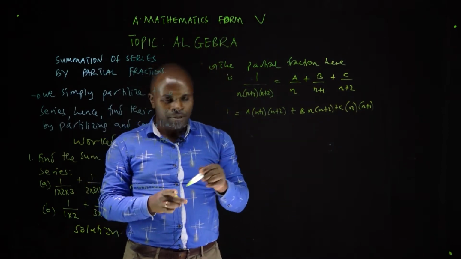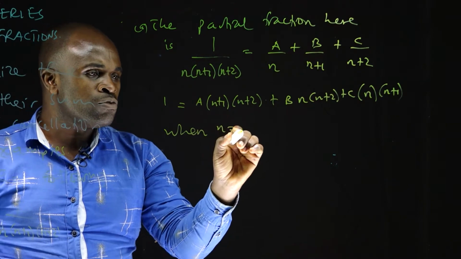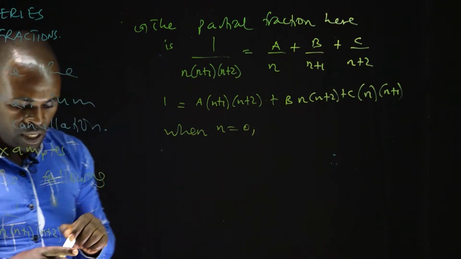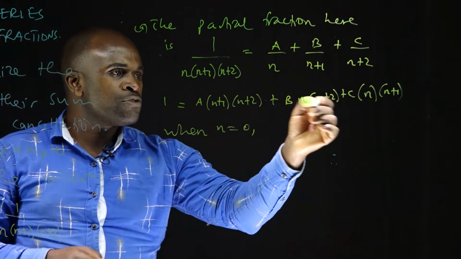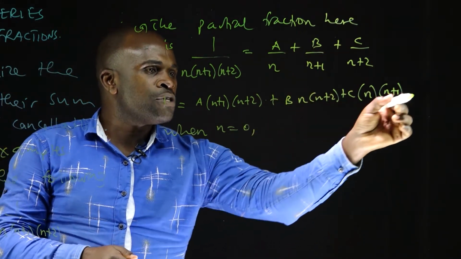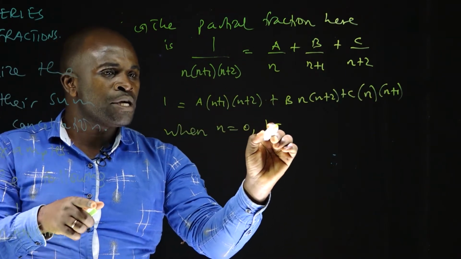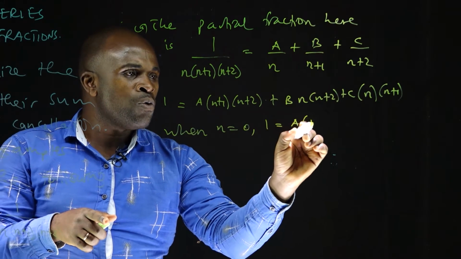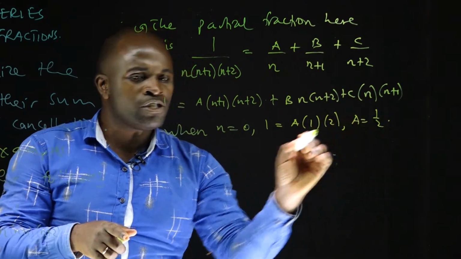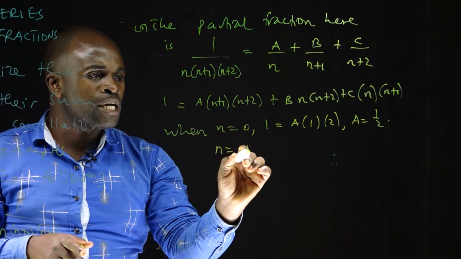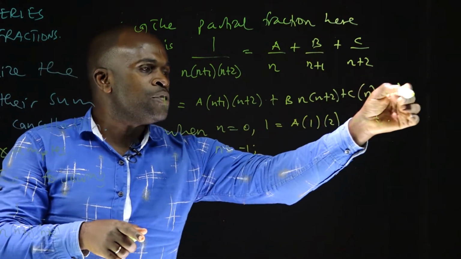So here we say, when n equals 0, this one cancels and this one cancels, so what remains is 1 equals a times 1 times 2, therefore a becomes 1 over 2. When n equals negative 1, this term cancels and this term cancels.